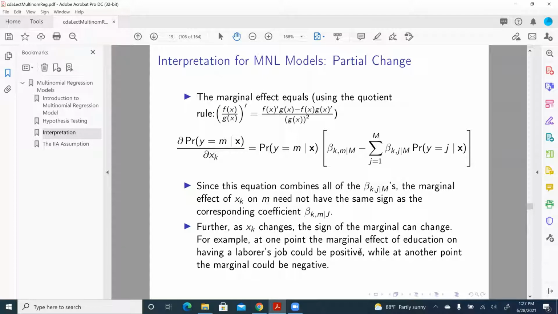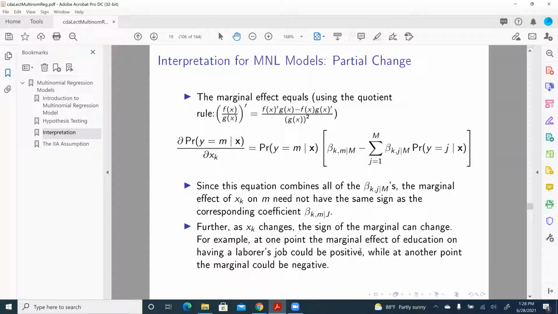In short, partial change or marginal effect tells us how an outcome response, in this case predicted probability, changes when a specific covariate, explanatory variable, in this case xk, changes at a specified location.